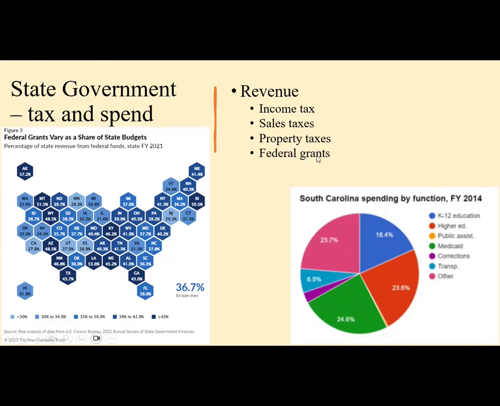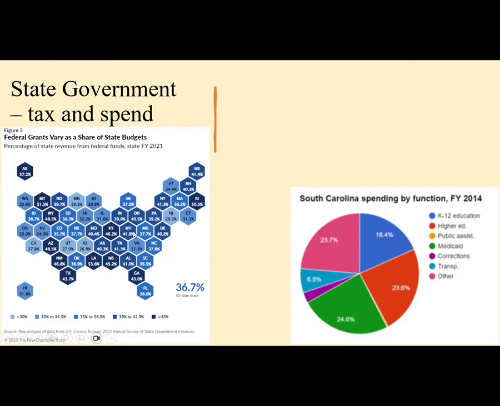And at least a quarter, most of the time, even more than just a quarter of a state revenue actually comes from the national government in the form of grants. So a grant is like an outlay of money coming from the national government down to the state governments. It's a pass through.